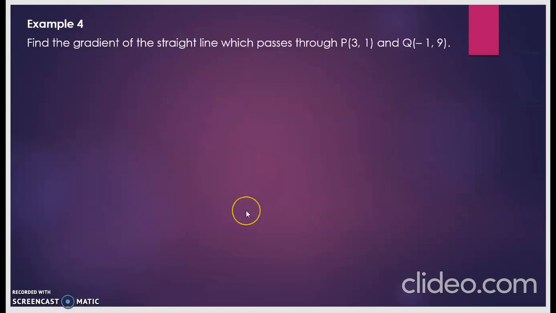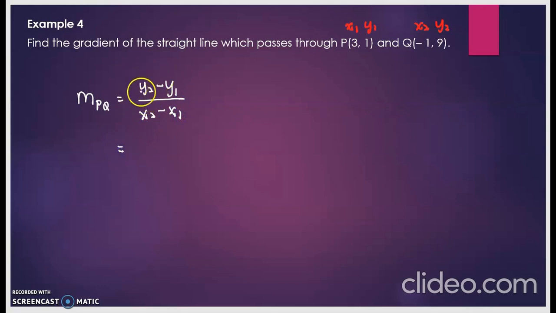So let's look at the example. In example 4, find the gradient of the straight line which passes through points P and Q. Again, I start by labelling the points x1, y1, x2, y2. So instead of AB, I use PQ. m_PQ will be equal to y2 minus y1 over x2 minus x1.